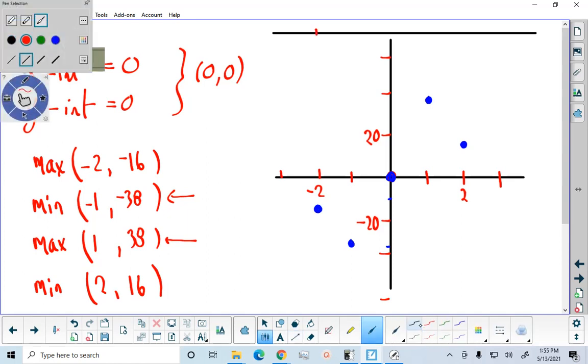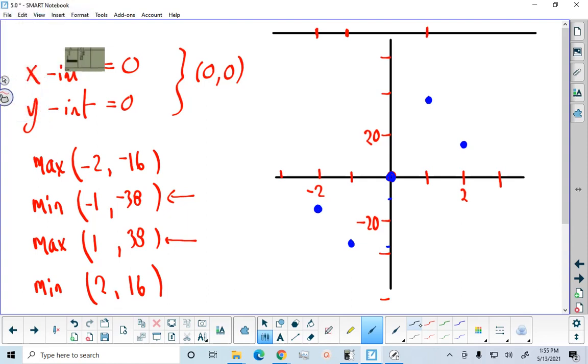We had a critical value at -2. We had a critical value at -1. We had a critical value at 1. And we had a critical value at 2. And I want you to notice that these are the knife marks we made in the domain before.